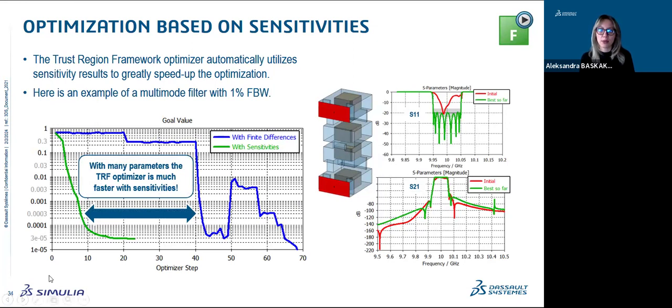Here is an example of a multimode filter with 1% fractional bandwidth. Not an easy task to optimize, to be honest. And here you can see how much faster the optimization based on sensitivities converges compared to the finite difference calculation.